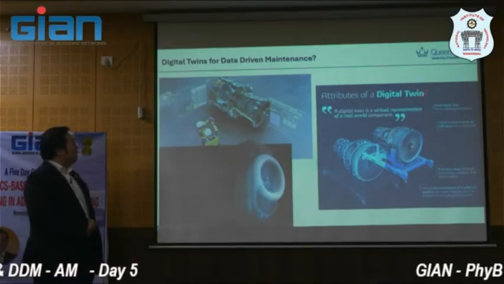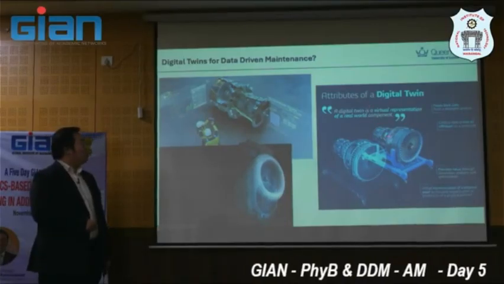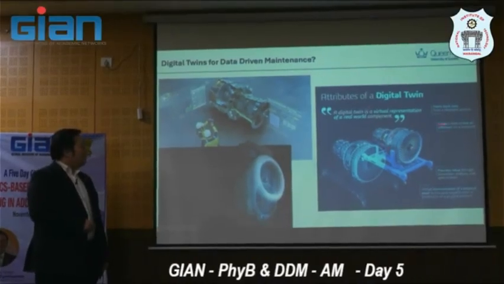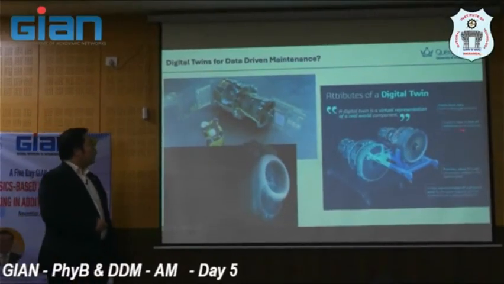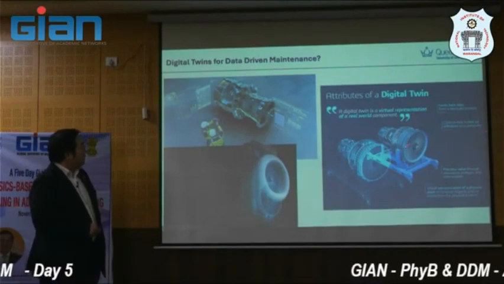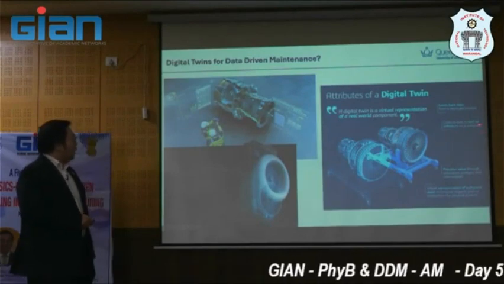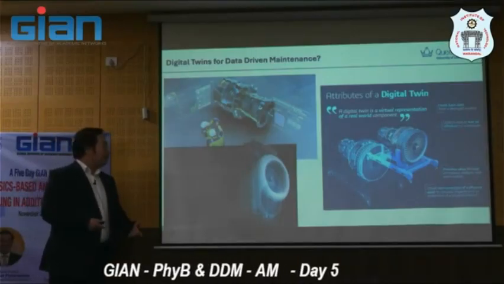So the attribute of digital twin is just a virtual representation of the real world component. Again, they have some key features that we need to understand, which is the feedback data from, and then correction of tests, and on the computer, and they provide value that you can simulate, analyze, or optimize.